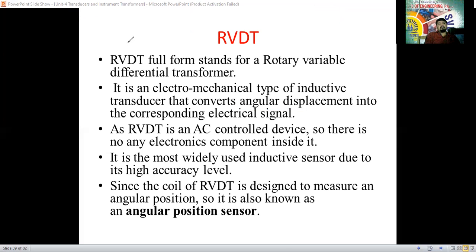So left and right, 0 and 180 degree, and this one we have considered 90 and 270.